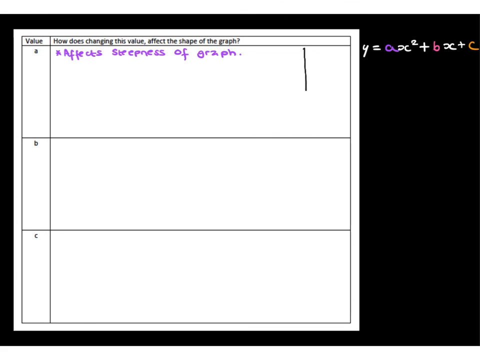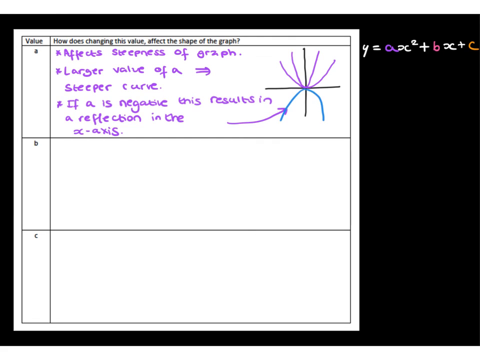Let's imagine this is my pair of axes. If I have a steeper value of a, my graph will perhaps look a little bit more like that, compared to if I have a less steep value of a, when it will look a little bit less steep. So the larger the value of a, we end up with a steeper curve. And that's described as a stretch, so it stretches upwards.